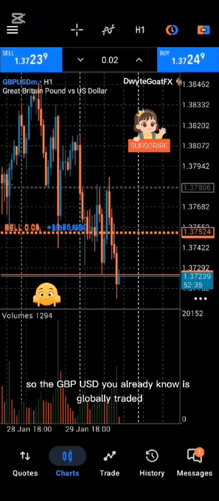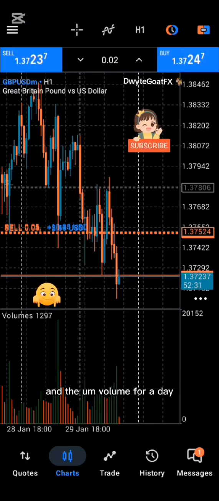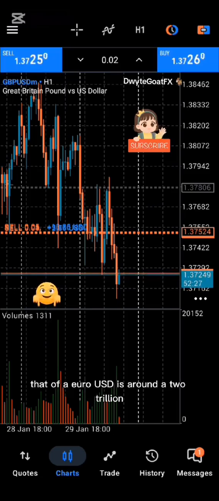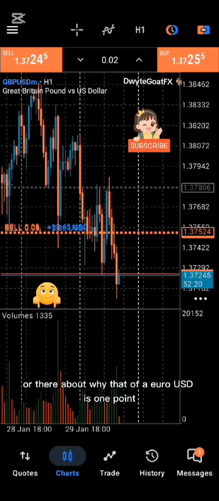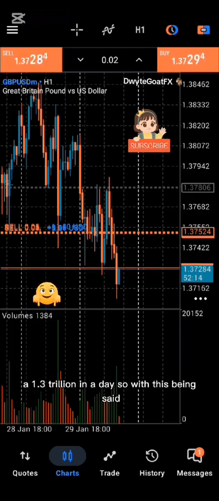So GBPUSD, you already know, is globally traded, and the volume for a day is approximately 1.1 trillion. That of EURUSD is around 2 trillion or thereabout, while that of USDJPY is 1.3 trillion in a day.